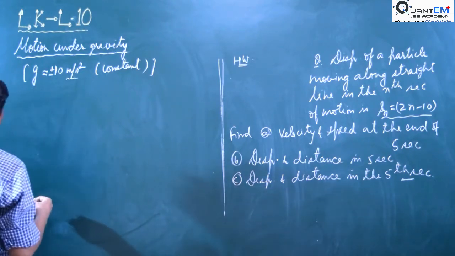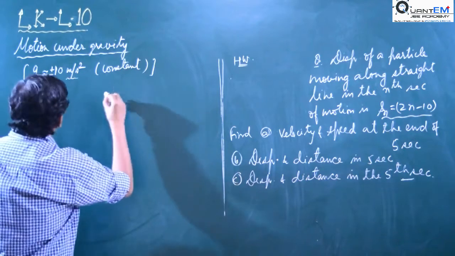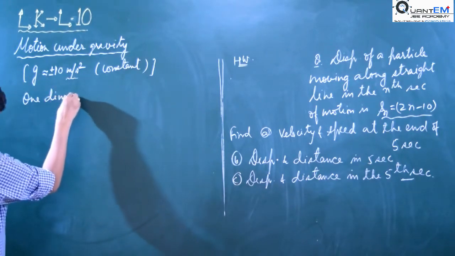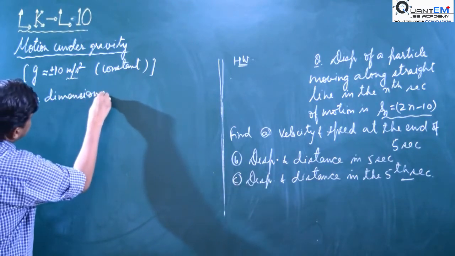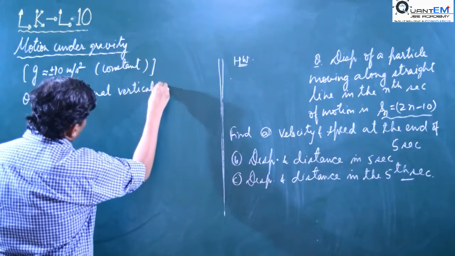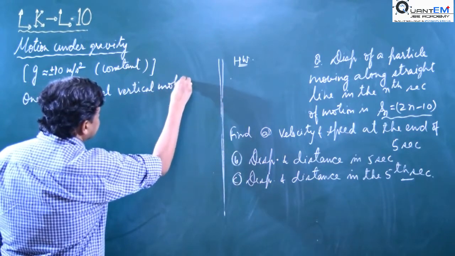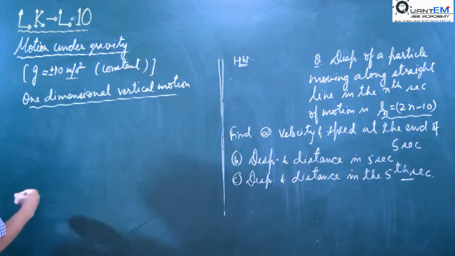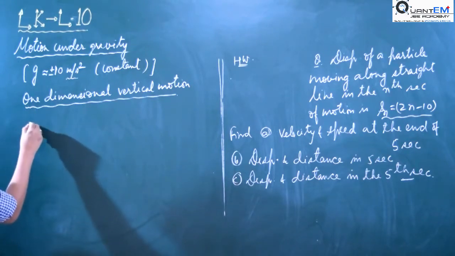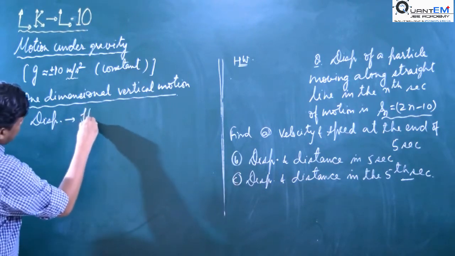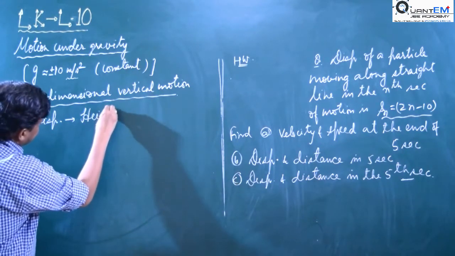Now in case of motion under gravity, if the motion is vertical, we come to the one dimensional vertical motion. So in case of one dimensional vertical motion, in place of displacement we have height.